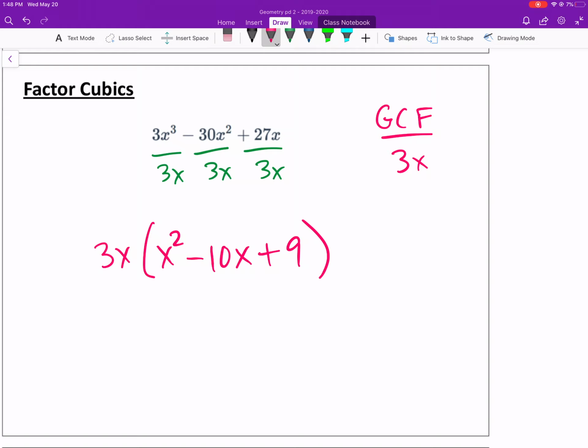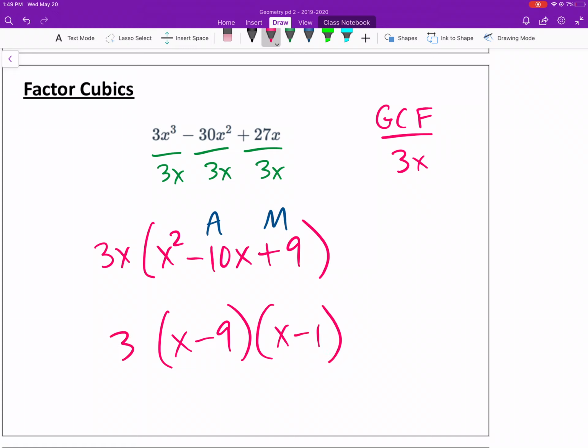So that's GCF. But look at what's in the parentheses, guys. That looks like a nice standard trinomial where a is equal to 1. So in addition, we still have AM factoring. So what multiplies to 9 and adds to negative 10? This would be x minus 9 and x minus 1.